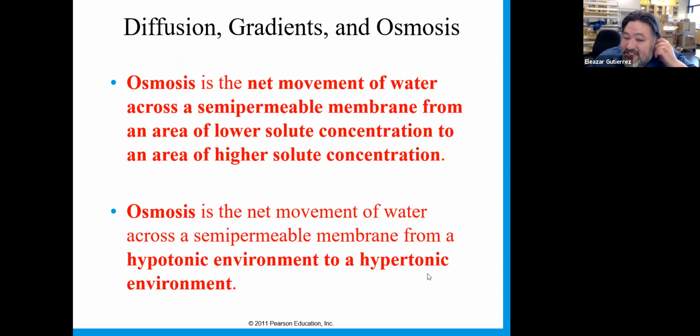Okay, so we're going to hit that in a second. Hypo means below. So hypotonic means low solute. So the movement of water from a low solute or hypotonic environment to a hyper, meaning high solute, environment.